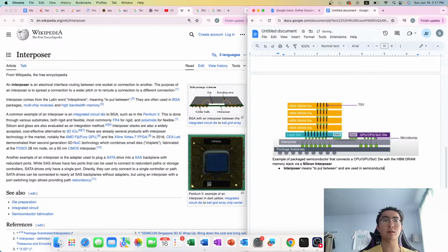Used in semiconductor manufacturing to connect multiple dies.